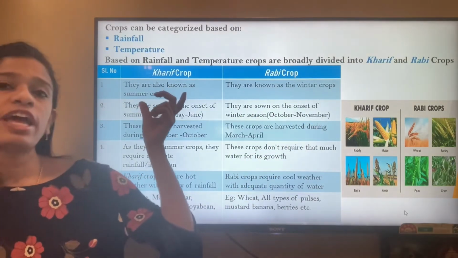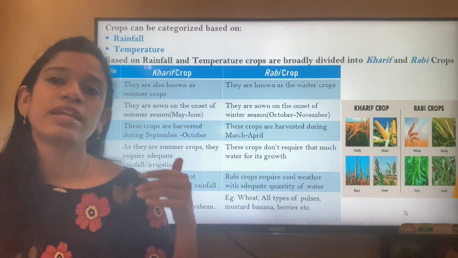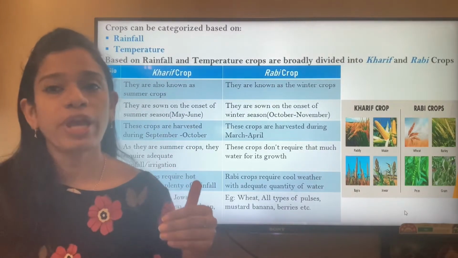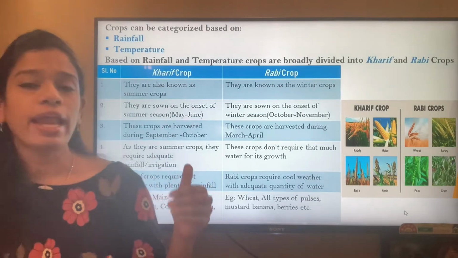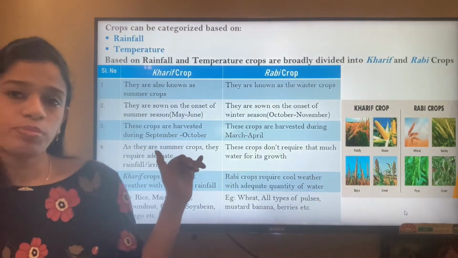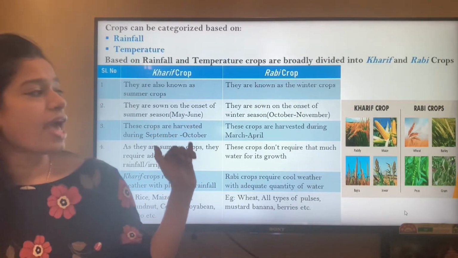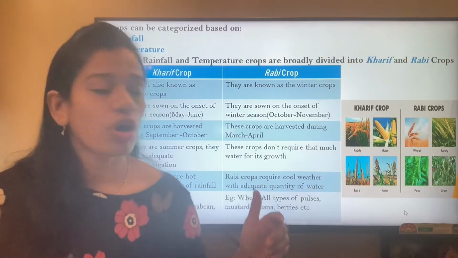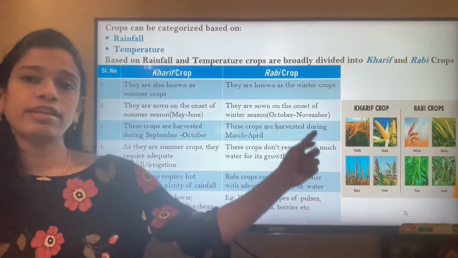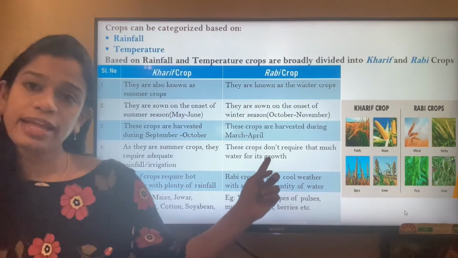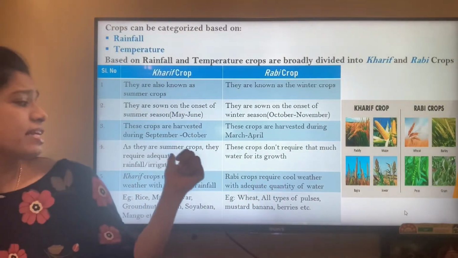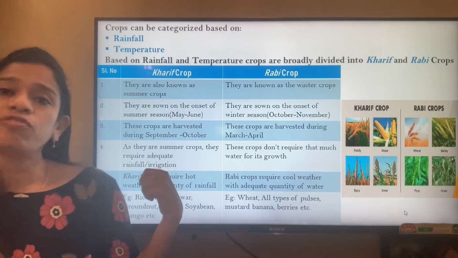So Kharif starts its cycle in May to June and ends by October, so June to October. And Rabi starts just the opposite, starting its cycle in November and ending in April. Kharif crops are summer crops, so they need adequate rainfall and irrigation.